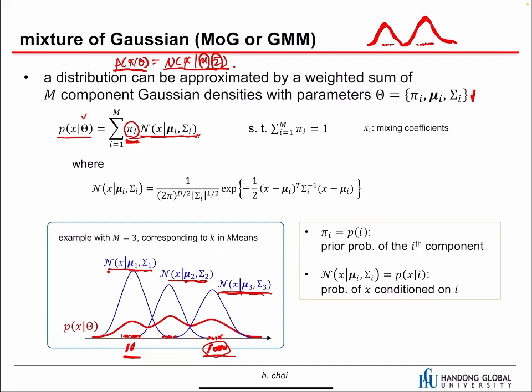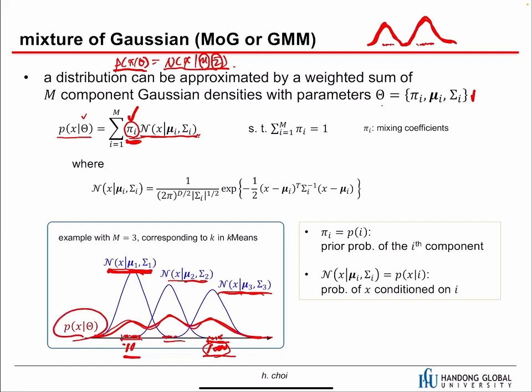Okay, and if this one has a few samples, then this one will have a small weight. So depending on how many samples are here and here and here, we assign this pi, and by weighted sum we can have this nice distribution. That is actually our p of x given theta.